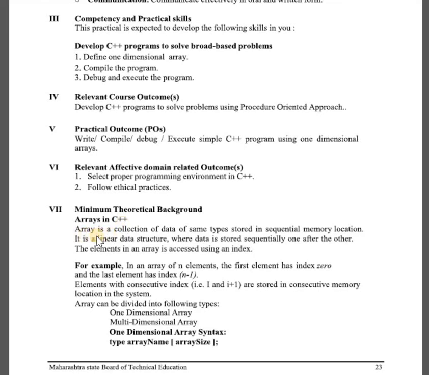We know that array is a collection of data of same type stored in a sequential memory location. Array is nothing but collection of data, but that data is having a similar type. In an array, in short, we will collect the similar type of data elements together.